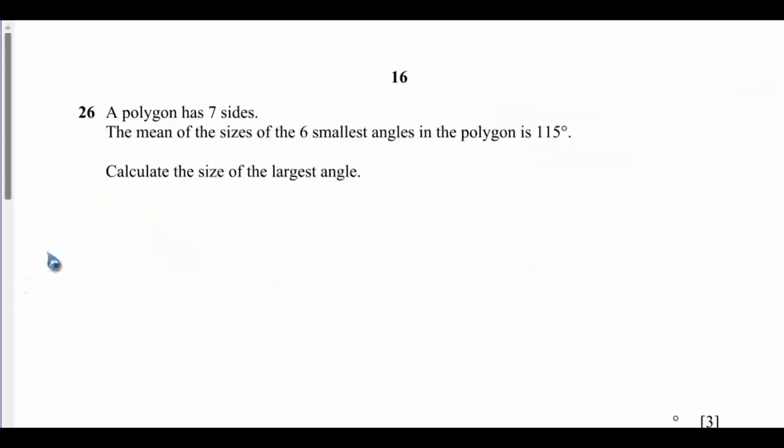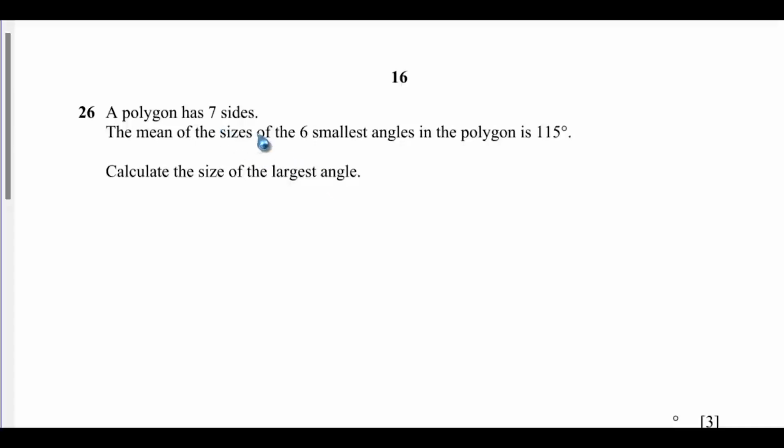That is our question 26. A polygon has 7 sides. The mean of the sizes of the 6 smallest angles in the polygon is 115 degrees. Calculate the size of the largest angle.